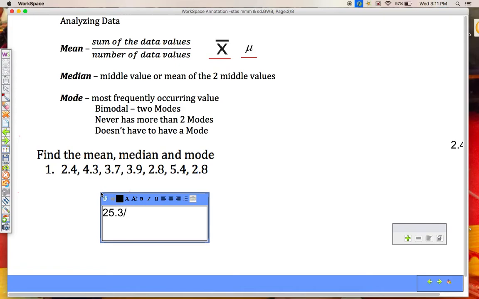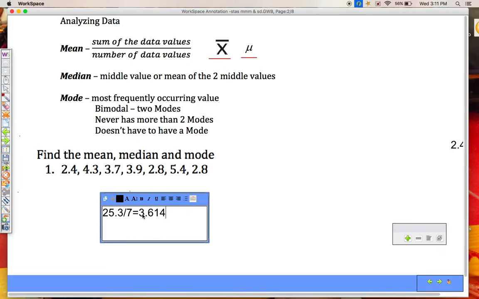And we're going to divide that by 1, 2, 3, 4, 5, 6, 7 terms, and get an answer, 3.614. We always round to 3 decimal places unless it says otherwise.